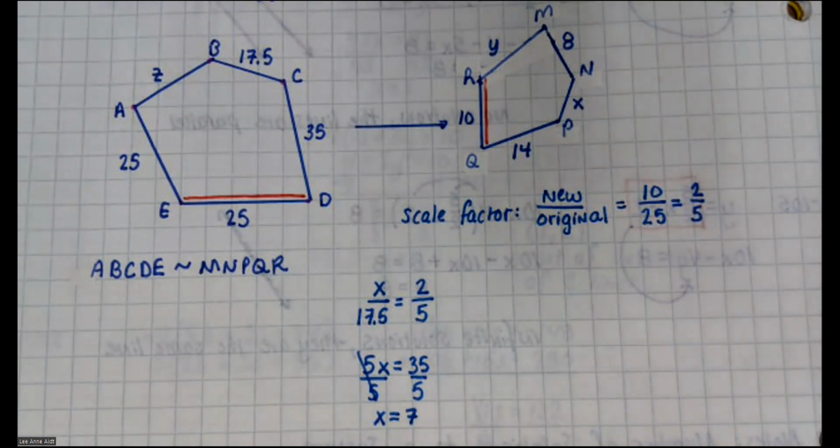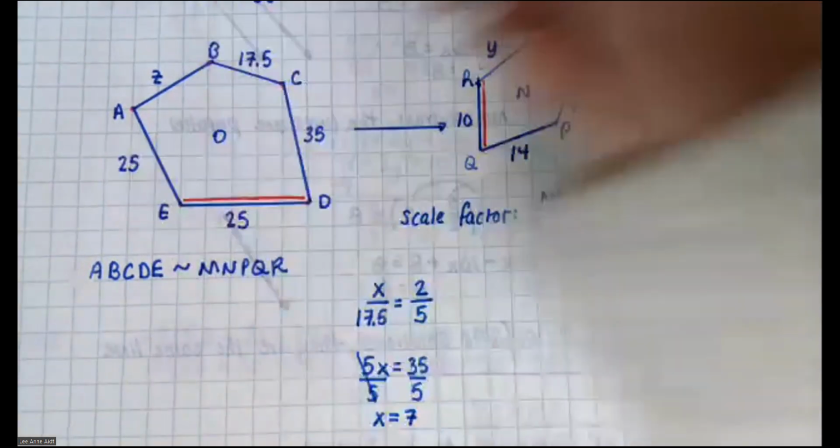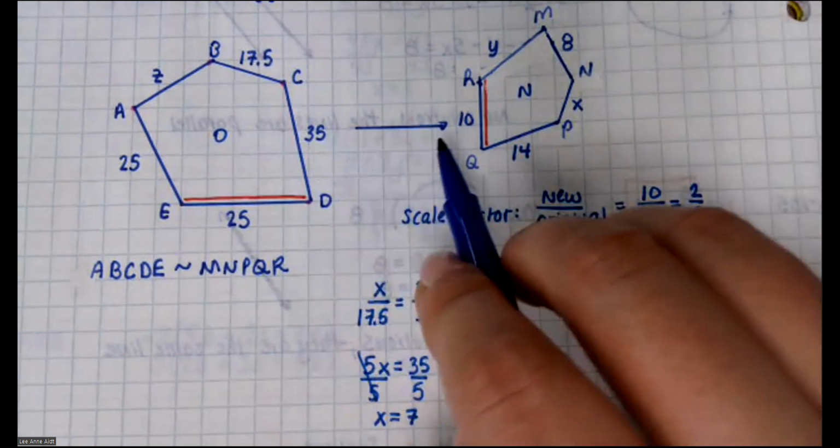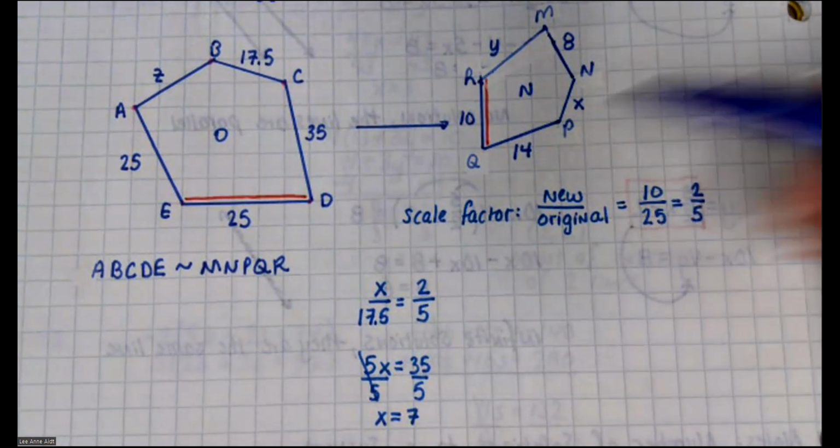Okay, let me ask you some questions. Do you see Y up there? Can you find Y? Okay, is Y on the new shape or the original shape? New. Okay, and it might help you out to do this. You can tell with the arrow that this is the new, but just in case, might help with this.